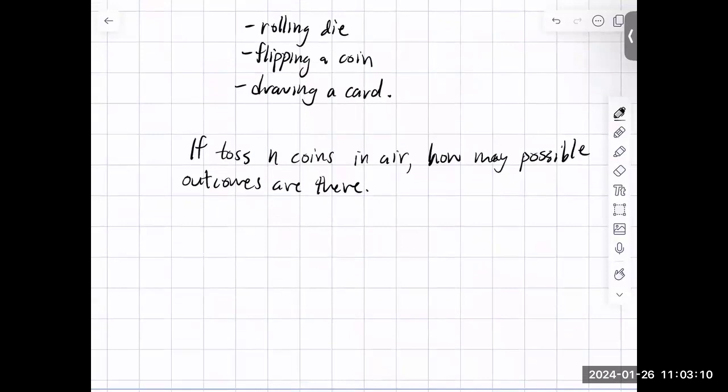So let's see if we can enumerate the number of possible outcomes. We threw them all up in the air. One of the coins is going to be the first one to land. And for that first coin that lands, there are two possible outcomes. It could be heads or it could be tails.